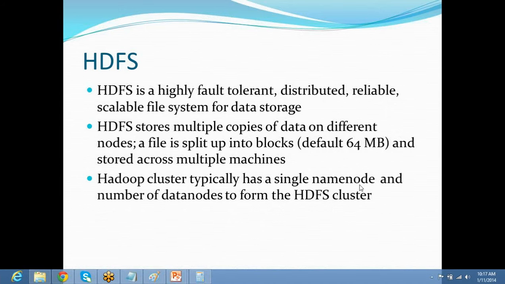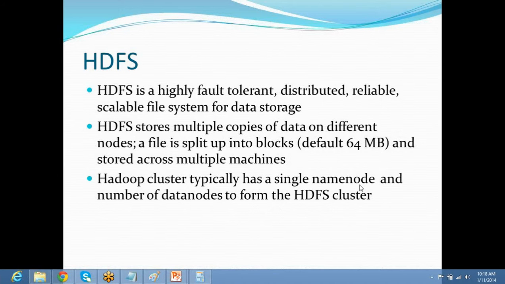So is fault tolerant in terms of machine specific or job specific or what? Okay, actually it's fault tolerance for its capability, meaning whatever capability it provides. It provides the capability of storage. So storage is specific, it's fault tolerant.